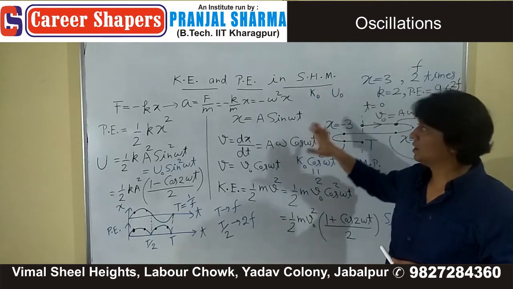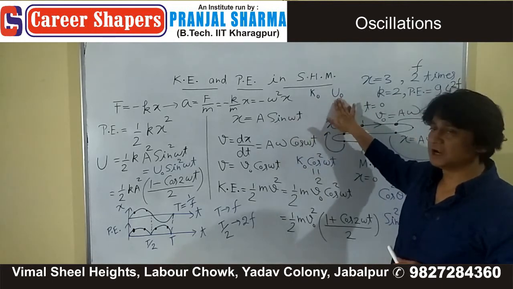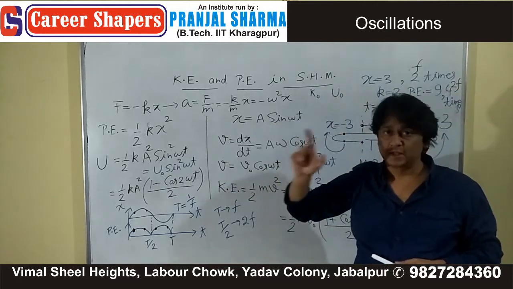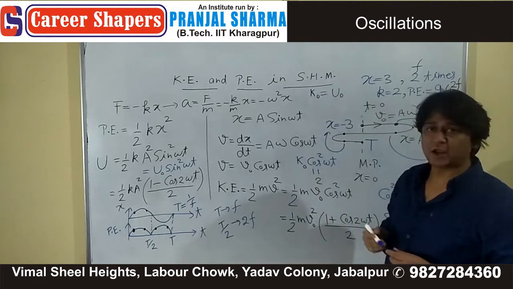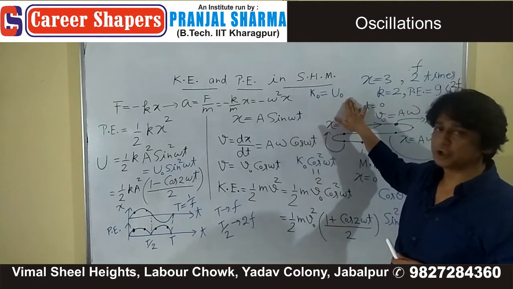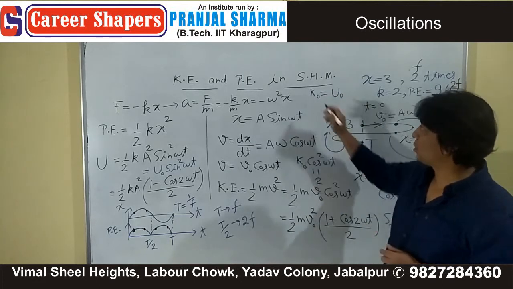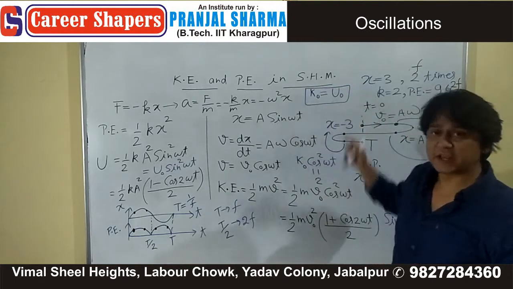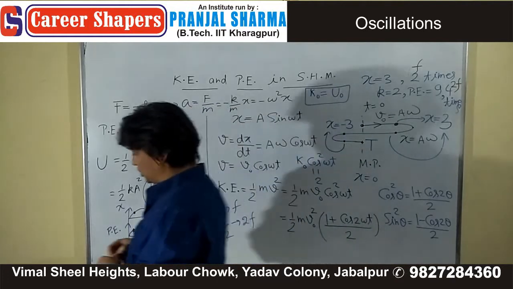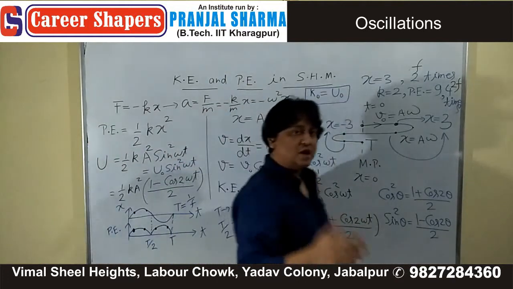They are equal. Is this larger, or is this larger? Which one is correct? Then you will find that K naught is equal to U naught. This is also an important statement, that maximum kinetic energy is equal to maximum potential energy.